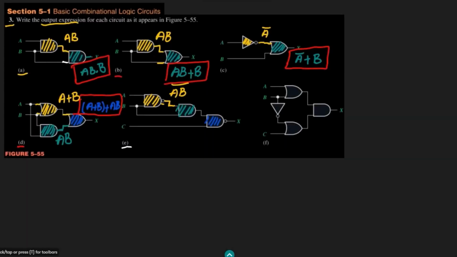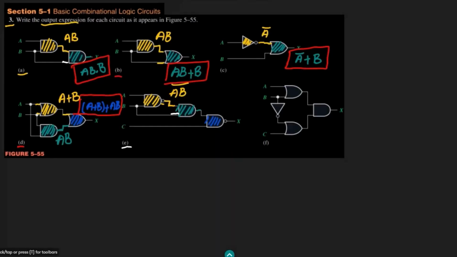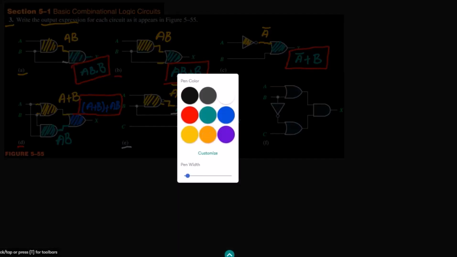After it this B is applied, and due to this B, the output of the second gate would be AB whole complement with this B, which is applied here, and after it this C is applied here.